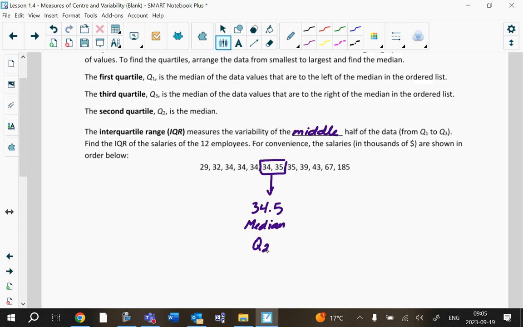Then what we do is we take half the data above, including the upper half of the second middle number, half the data below, and find the medians of those ones.